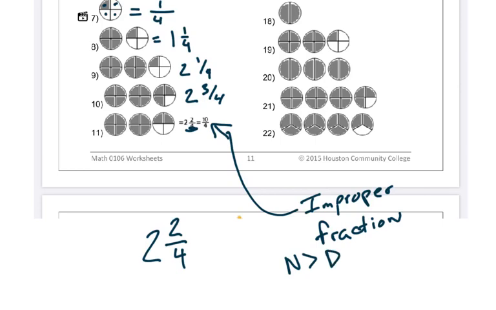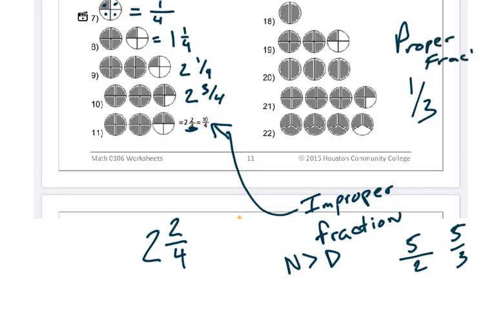So the number on top is bigger than the number on the bottom. So something like 5/2, 5/3, these would be examples of improper fractions. Something like 1/3 is a proper fraction because the denominator is greater than the numerator.